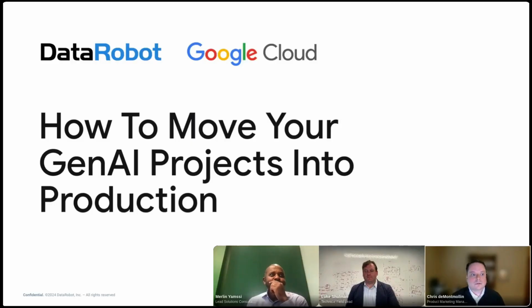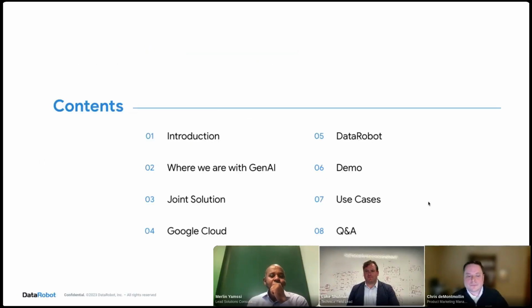And so, like I said, a lot to get to today. First, we'll have a quick introduction, talk about DataRobot, talk about the speakers, and then step back to look at where we are in general with generative AI. We'll talk about the Google Cloud and DataRobot joint solution. And then we'll have sections where we talk about specific tools and capabilities for Google Cloud and DataRobot and what they can provide you.